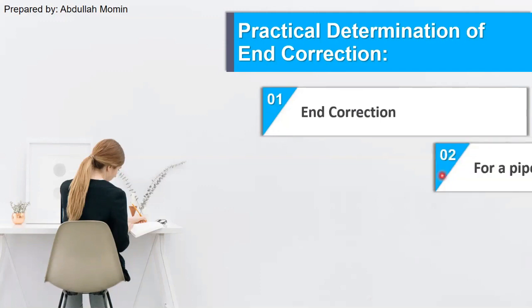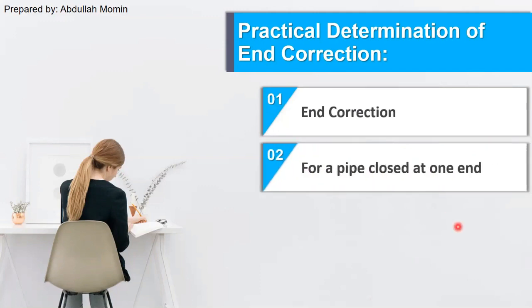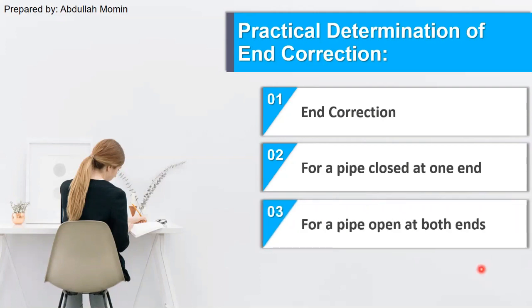Then we will derive the expression of end correction when a pipe is closed at one end, and then we will derive the expression of end correction when the pipe is open at both ends. If you want to learn about this topic in detail, I have made a video about it. Just click on the I button and watch that video first and come back here to watch this video.